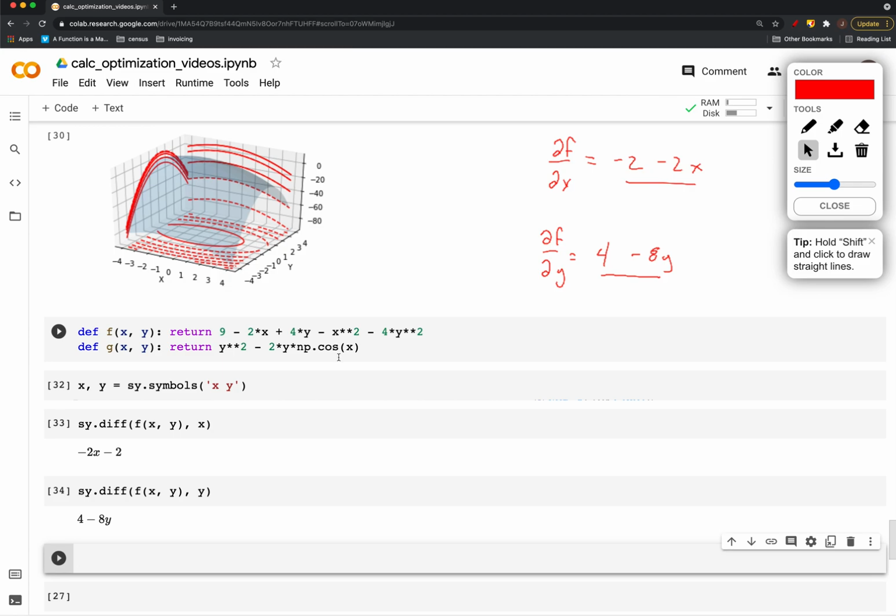All right, well, so what? Well, remember, if we wanted to find a maximum or a minimum value, what we did was we tried to identify where that first derivative was equal to 0. Now, the partial derivative of f with respect to x, when does that equal 0? Well, it looks like at x equals 0. The partial derivative of f with respect to y equals 0 at about y equals 2.